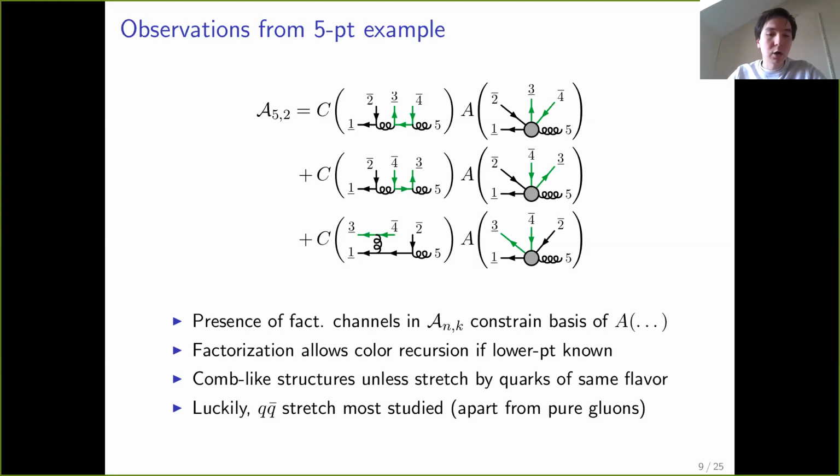And the comb-like structures seem to appear unless in the factorized channel we get a stretch by the quarks of the same flavor, which is this 3rd color factor, where we factorize 2 and 5, and the remaining color factor had 1 and 2 below.